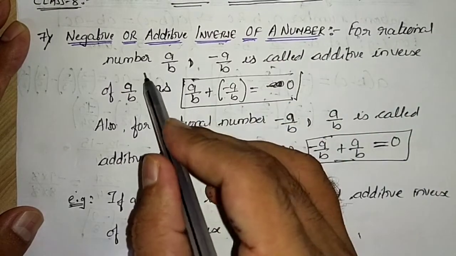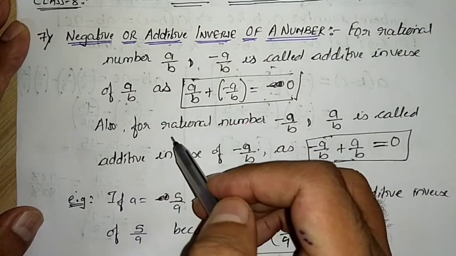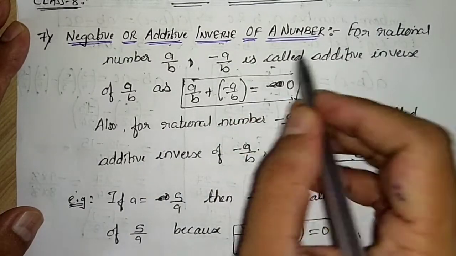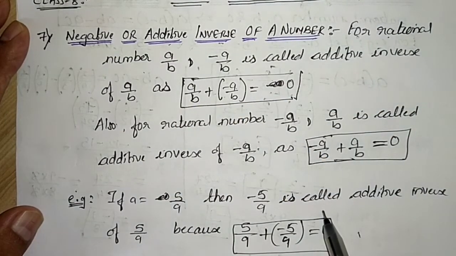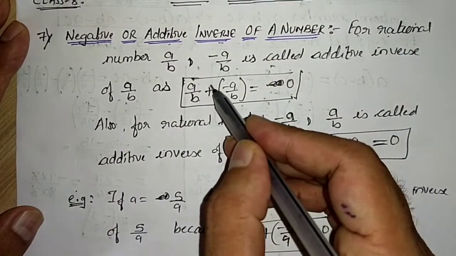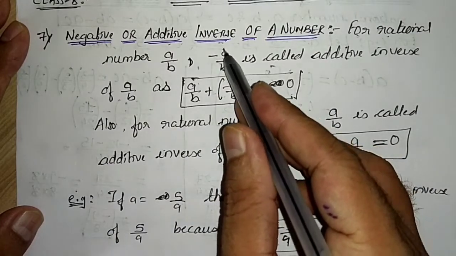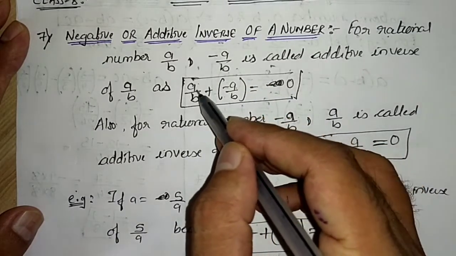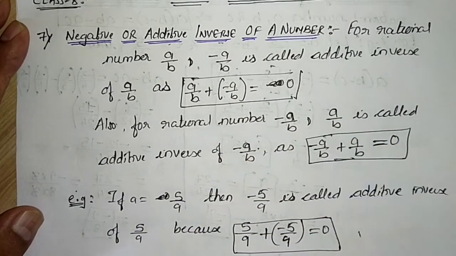For a rational number a by b, minus a by b is called the additive inverse of a by b. Why? Because when you add minus a by b to a by b, you get the answer as 0.